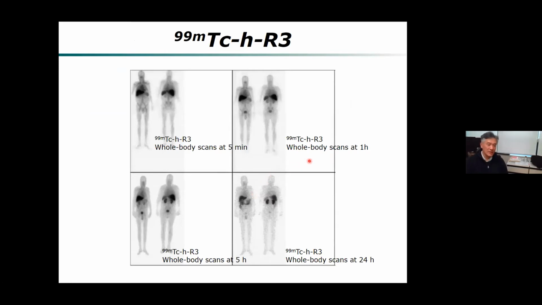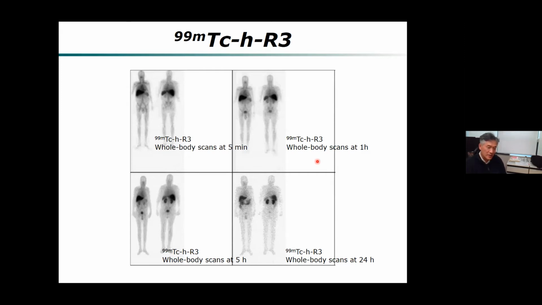Here you can see the HCl3 is good for blood circulating antibody. It is labeled with technetium-99m, and even after 24 hours, you can see the whole body.